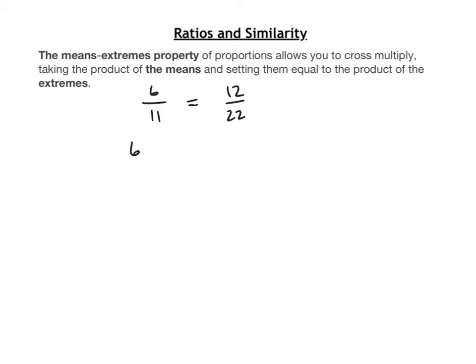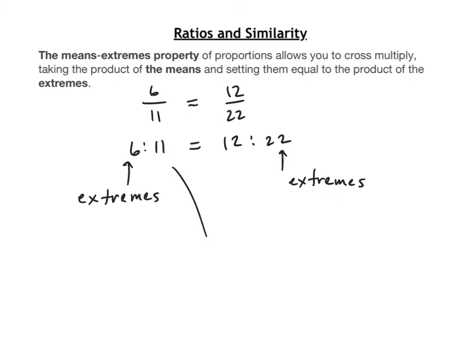The way to tell is to write it with a colon. 6/11 equals 12/22. These outside numbers are called the extremes. And these inside ones are called the means.